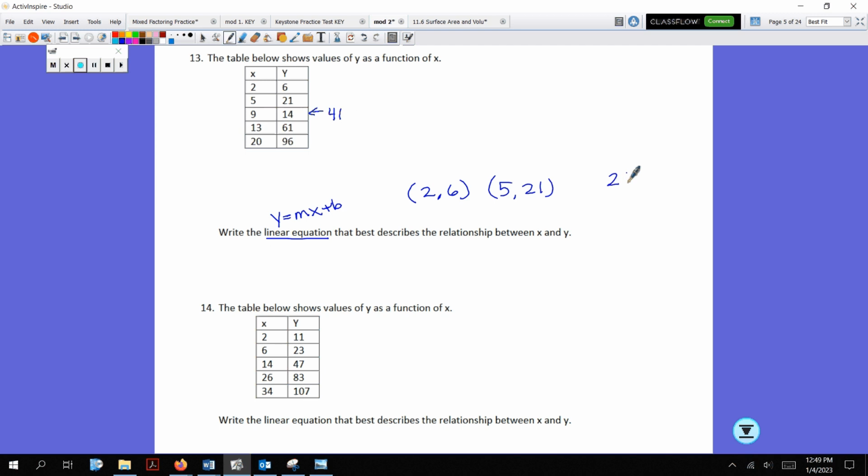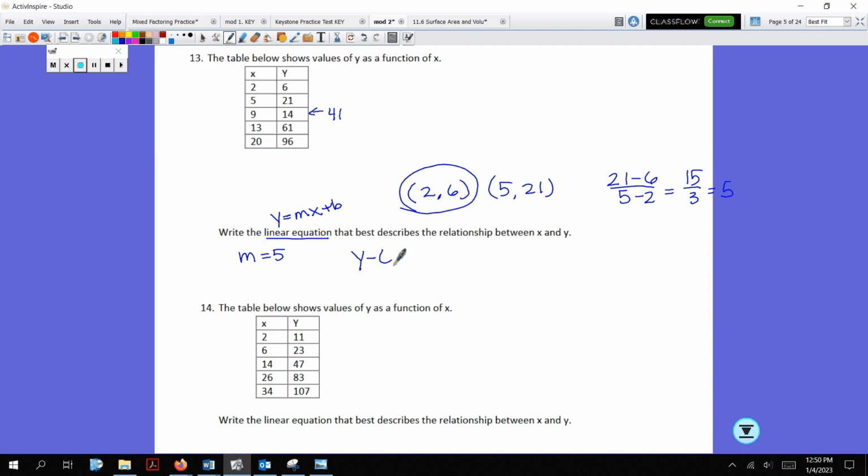Slope is when I subtract my y's over subtracting my x's, and that gives me 15 over 3, which is 5. All right, so I know that my m equals 5. At this point, we pick a point, and we're going to use point slope. Again, that is on your formula sheet.